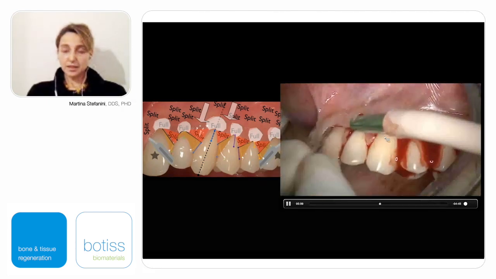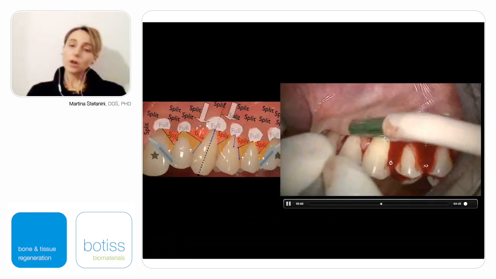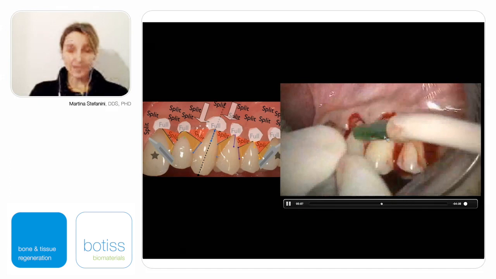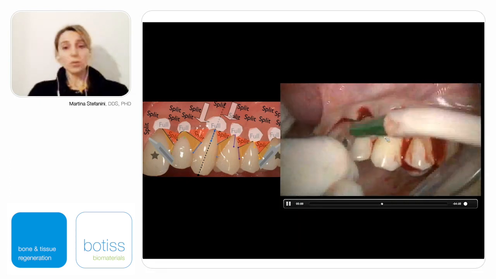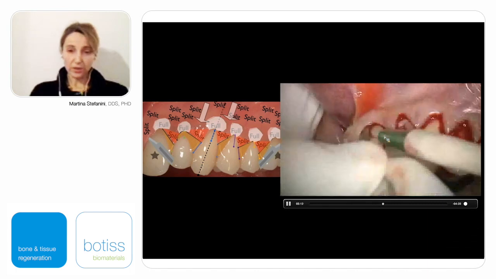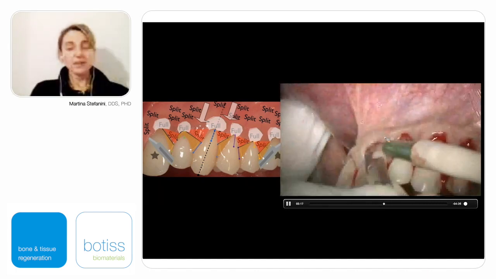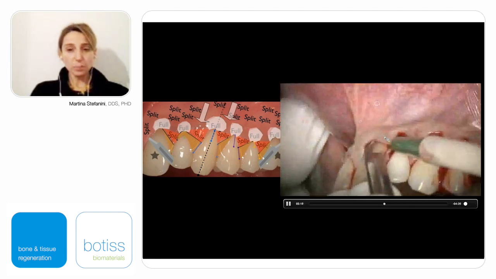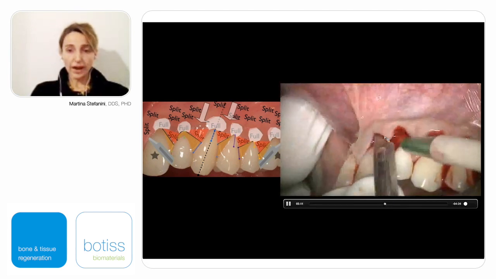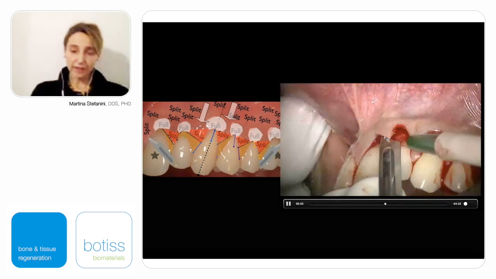This is the way to coronally advance the flap, tunnelizing the central incisor papilla. So we need to extend our deep and superficial split thickness incision beyond the central incisor papilla in order to allow the rotation of the papilla between the central and the lateral.